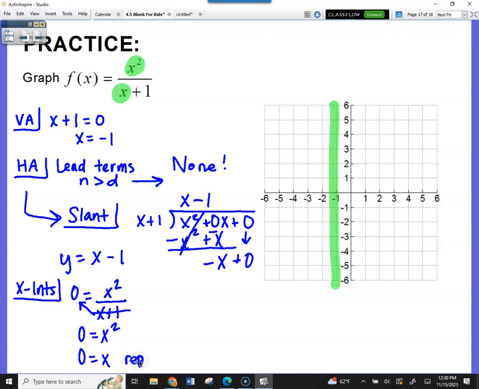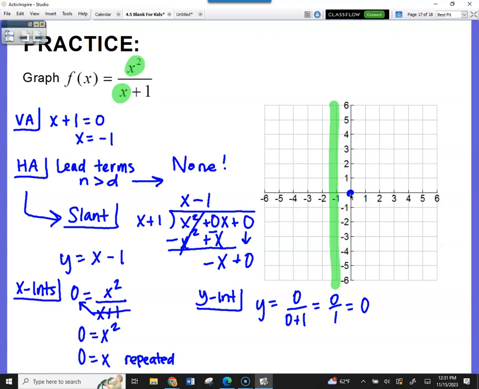It is a repeated 0 because it's a single answer that came from x squared. You wouldn't have to be able to state that. This is just trying to tie together what we've talked about before. Now with the y-intercept, remember to replace x with 0. So y is 0 over 0 plus 1. What's 0 divided by 1? 0. So it's crossing right there at (0, 0), which was also the x-intercept we found. So there's not a lot to be able to see here.